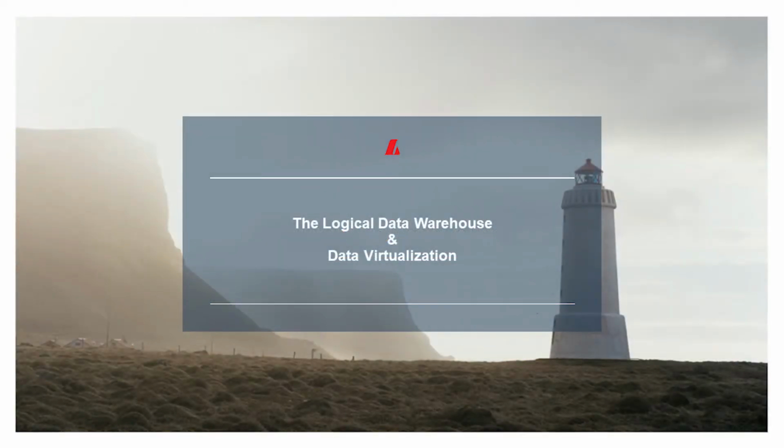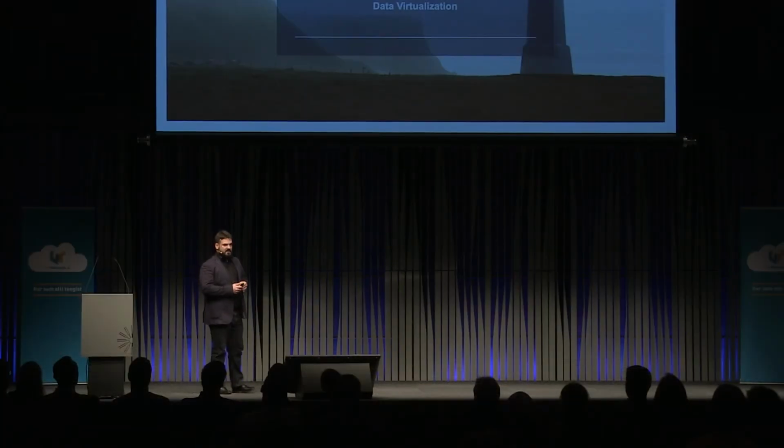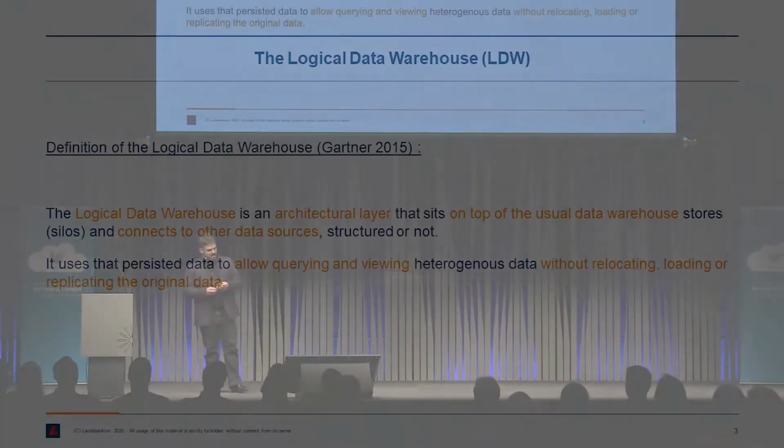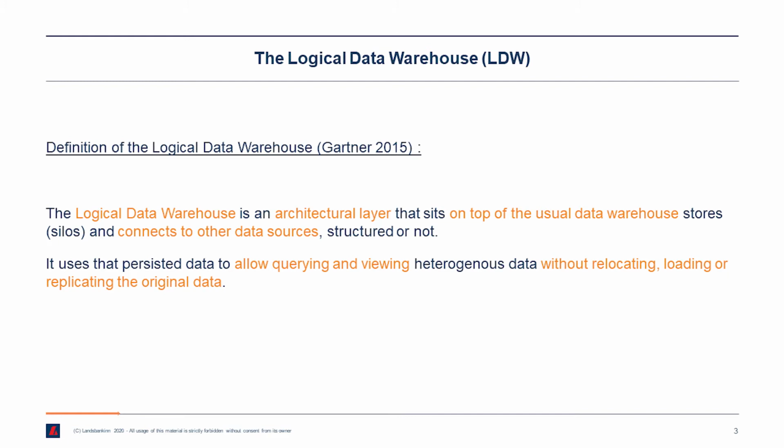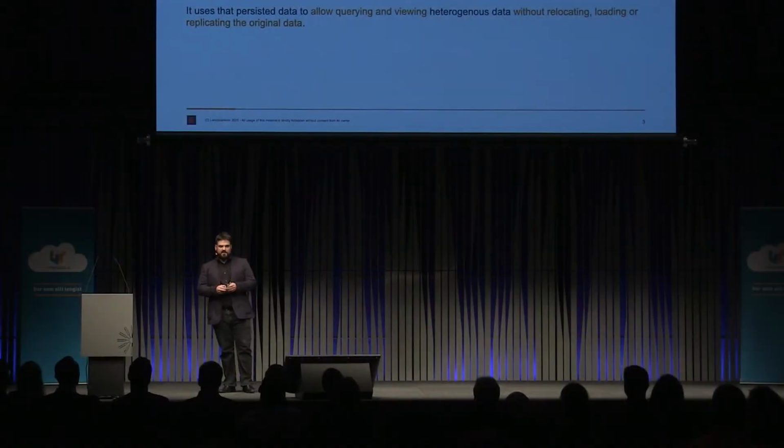So, to begin with, let's have a look at the concepts of the logical data warehouse and data virtualization, and how they are different and what they are. In 2015, Gartner defined the logical data warehouse as an architectural layer that is on top of the physical, usual data warehouse and connects to other data sources, whether they are structured or not.